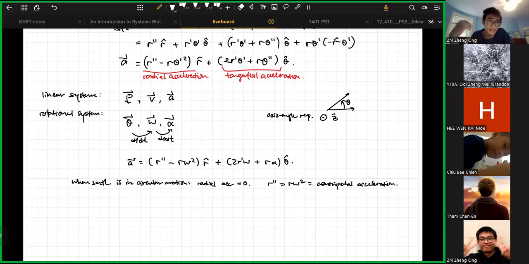I'm pretty sure you've seen it in high school SPM. If not, it's still not too late. Even though something is in circular motion with constant velocity, it doesn't mean there's no acceleration on it. By definition of being in circular motion, you have to have a centripetal acceleration, as we see here.